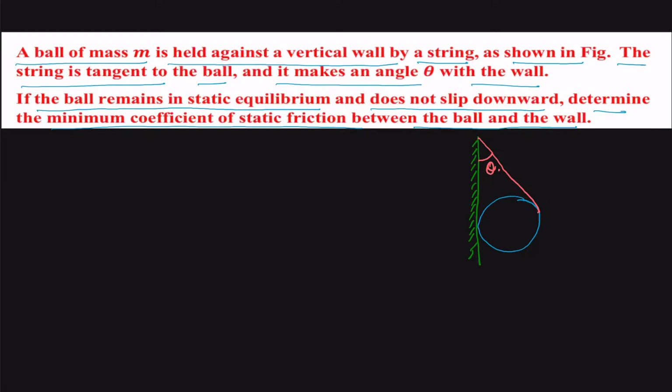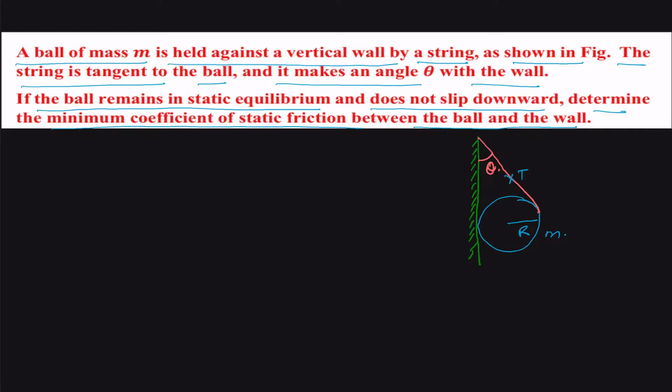And we can just say let r be the radius of this ball and m the mass. There is a tension T in the string. Along with this tension T, there will be two more forces.